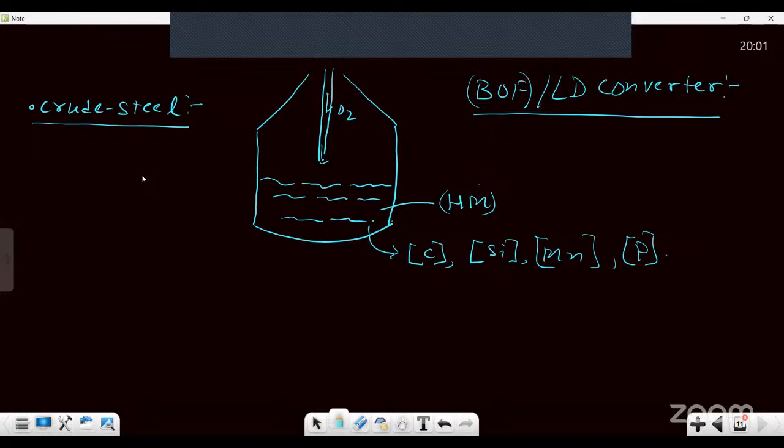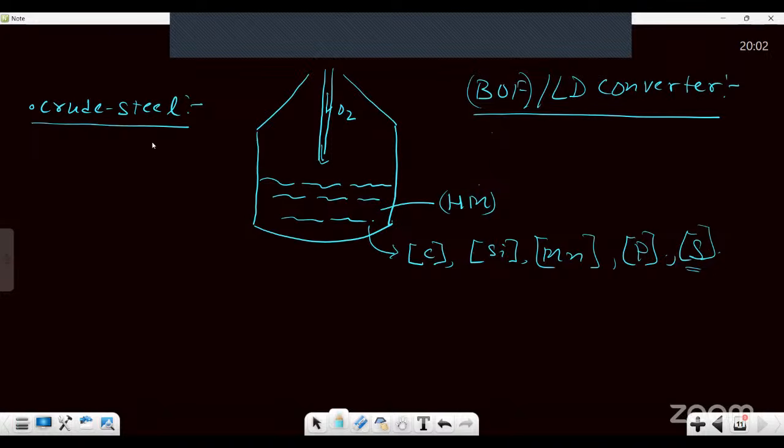There are certain impurities which we cannot remove much in the primary steel making process. One such impurity is sulfur. If sulfur is there in the hot metal, we cannot remove much of it by the primary steel making process. So then we have to go for the secondary steel making process, where the sulfur is removed by the RH degassing system. So we will see that.